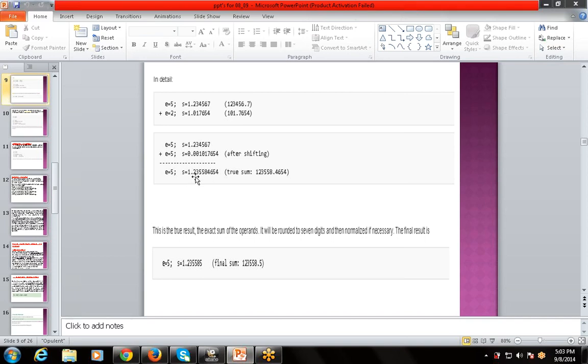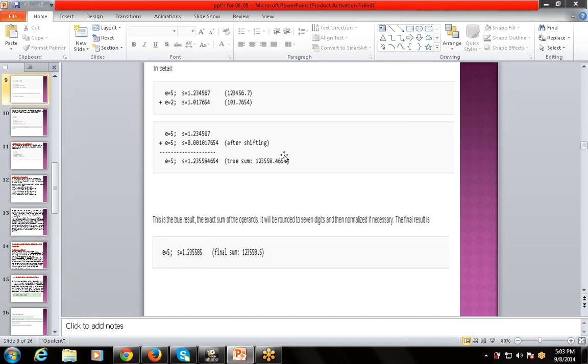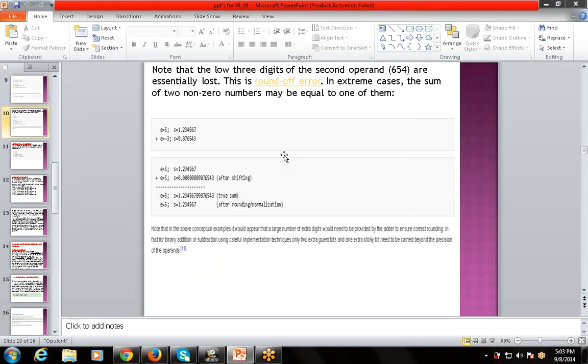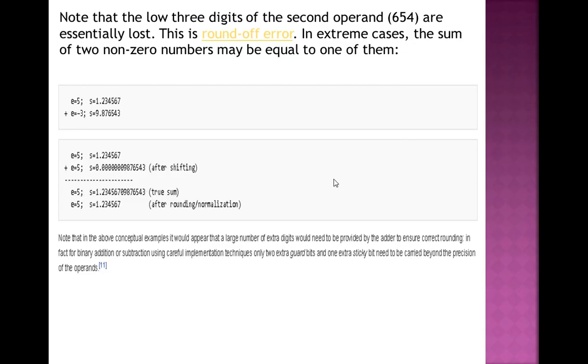So the output is 1.235584, because this contains 8 bits: 1, 2, 3, 4, 5, 6, 7, 8. This happens because the input digits or bits are less than the output bits.